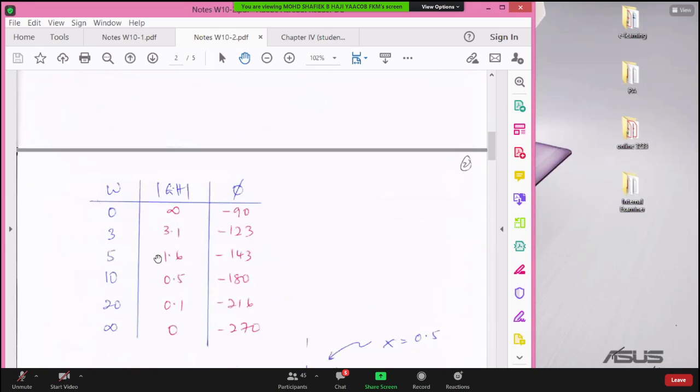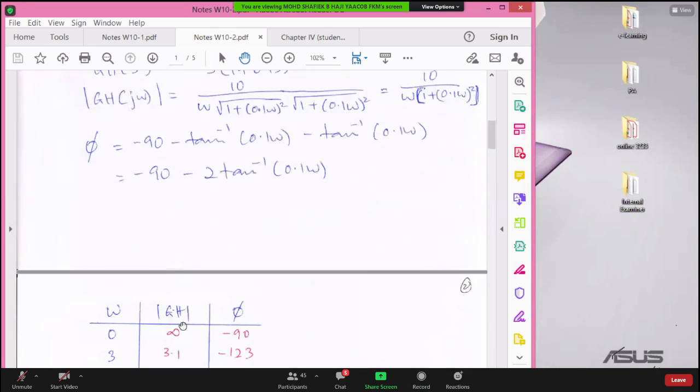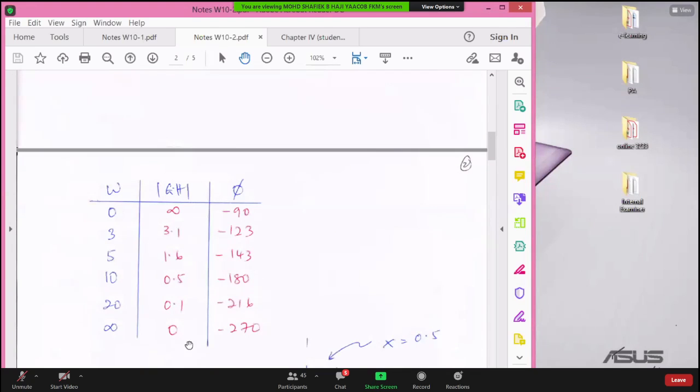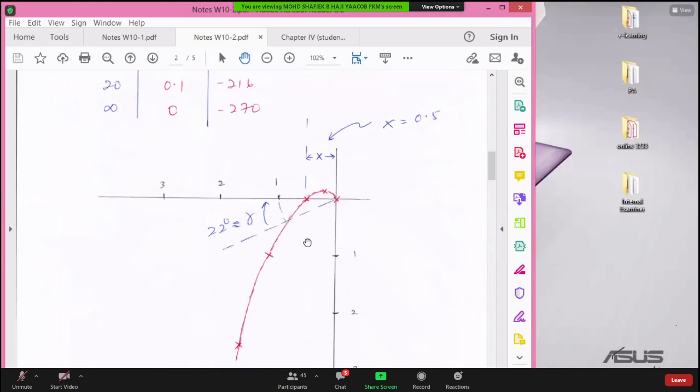So this is for a value of k is equal to 1. When your k is equal to 2, you just multiply the whole thing by 2, the magnitude by 2, but the phase angle stays the same. So how much can you multiply this until your gain margin is going to be equal to 1?